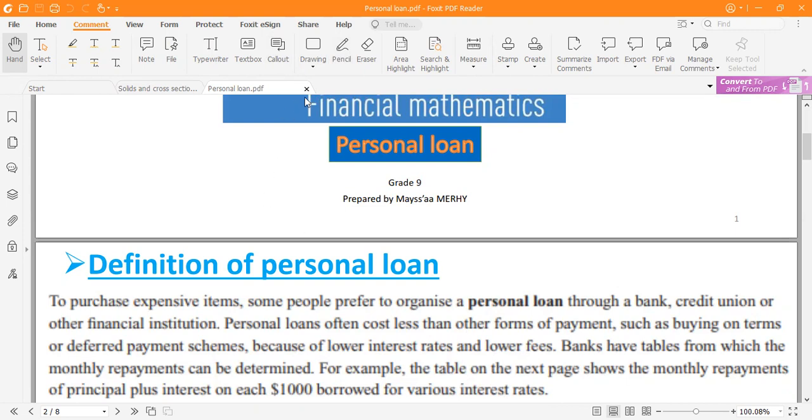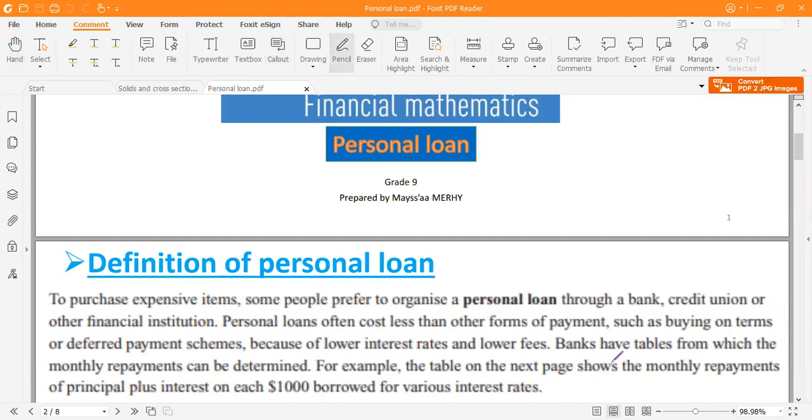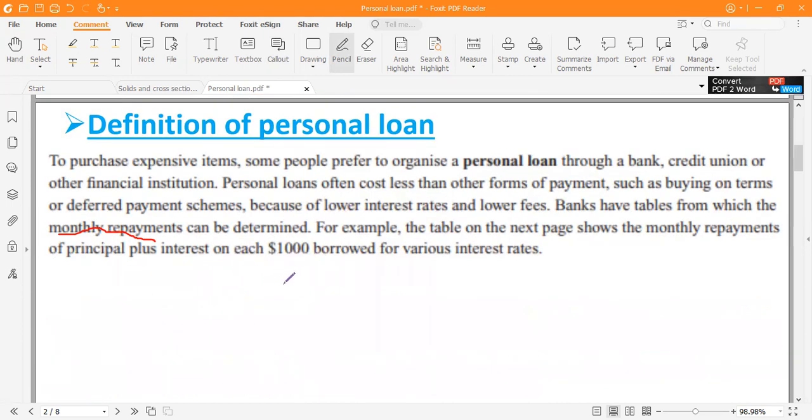Normally, banks have standard tables from which the monthly repayments are read. The table indicates monthly repayments, for example, with different interest rates on each $1,000 borrowed.